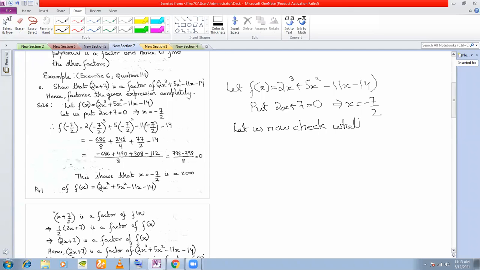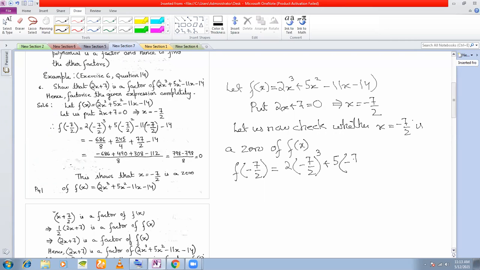whether x is equal to minus 7 by 2 is a 0 of f(x). How do you check? You have f, you put x is equal to minus 7 by 2 in the polynomial to get f(-7/2) equals 2 times (-7/2) cube plus 5 (-7/2) square minus 11 (-7/2) minus 14.